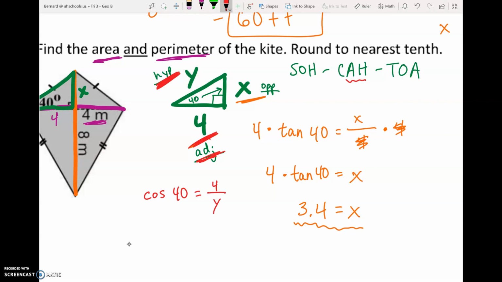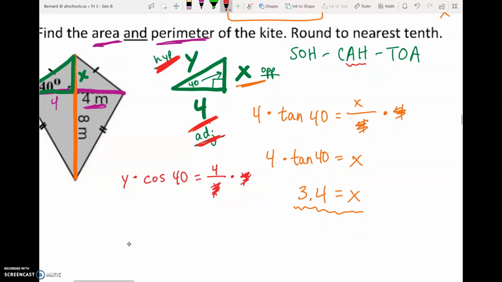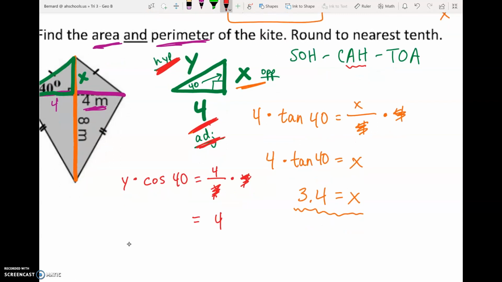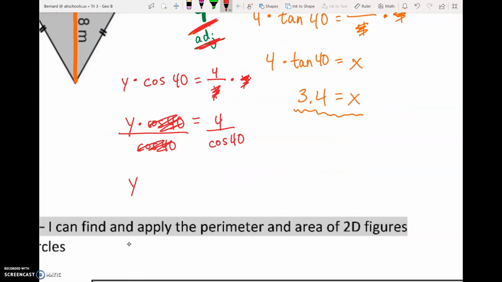And so we'll take the same approach as always. We'll multiply by what's in the bottom of that fraction. So my Y's will cancel out on the right, and it'll leave me with 4. And I'll have Y times the cosine of 40 on the left. And then I'll just divide both sides by the cosine of 40. And the cosine of 40 will cancel on the left, leaving me with Y equals 4 divided by the cosine of 40.